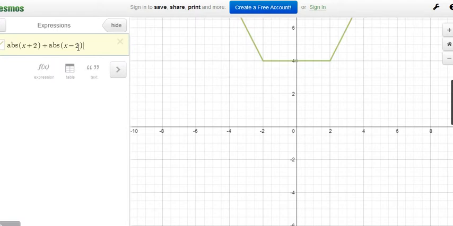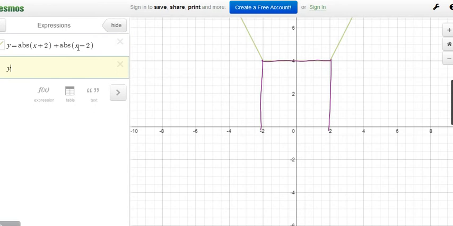Yeah, well, what we're interested in is when is it 4, right? Well, from here to here. It's a trapezoid. From negative 2 to positive 2, right? Inclusive. I don't know if we could say equals 4 and have it solve. You can put 4 on the other one. I should have actually put y equals on this, but I think it just assumes.